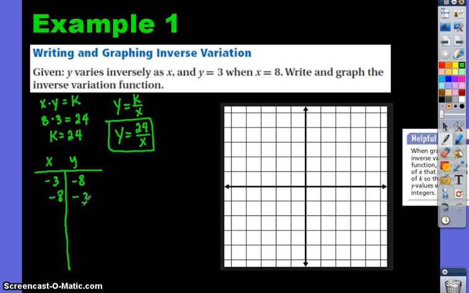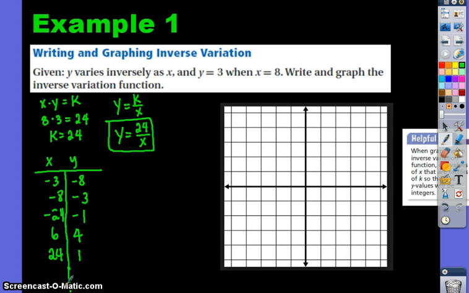When I plug in -24 into the equation, I would get -1. When I plug in 6 into the equation, I would get out a +4. When I plug in 24 into the equation, I get out a +1.